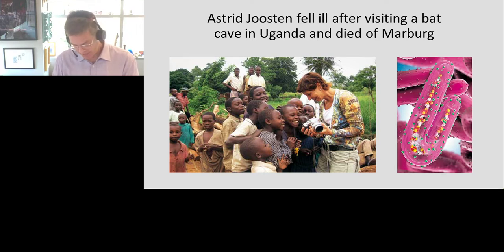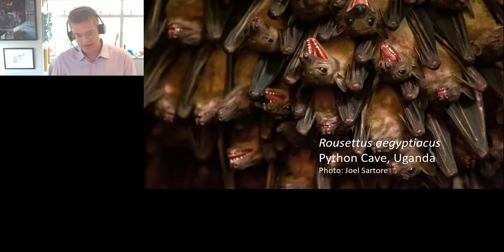And it turns out that she was not the first woman to go in the cave and become ill within a short time period. This cave was sort of a known tourist site. These are the bats in the top of the cave. This photo is actually from Joel Sartore, who's a National Geographic photographer. He's a fantastic photographer who's photographing most of the animals on the planet.